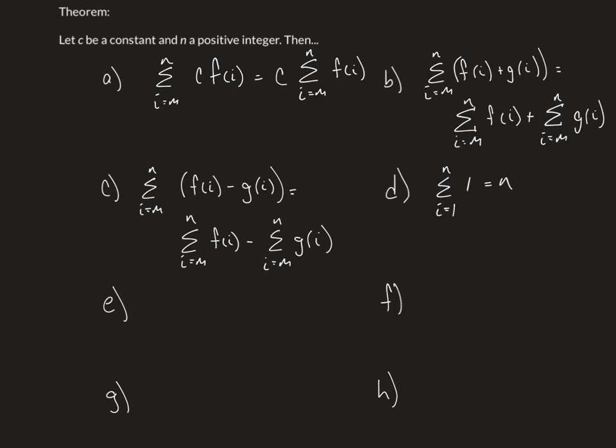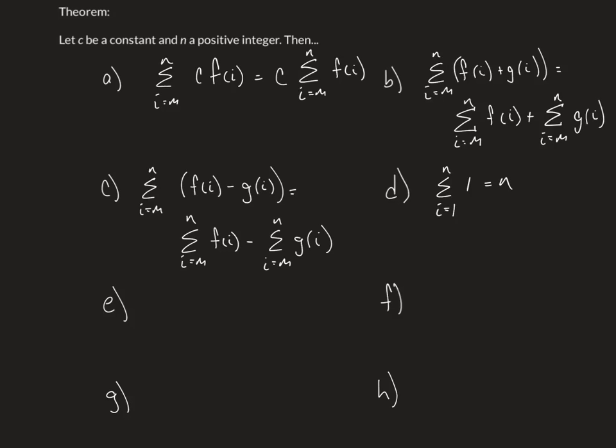So all I'm doing with this constant number 1 is adding it together n times, right? And the key is that this is a 1. I plug in a 1, I get a 1. I plug in a 2, I get a 1. Plug in a 3, I get a 1. And how many times am I adding these 1s together? n times. So I end up with n. That's a theorem that is going to be useful if we can get these summations to the point where we are summing 1 n number of times.